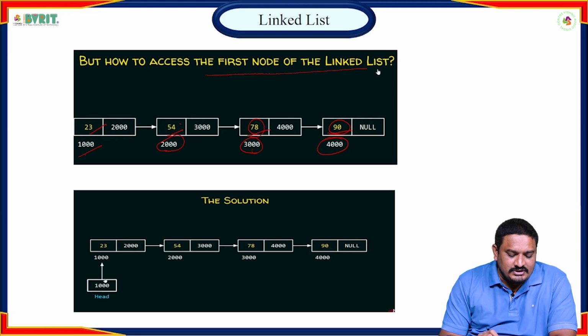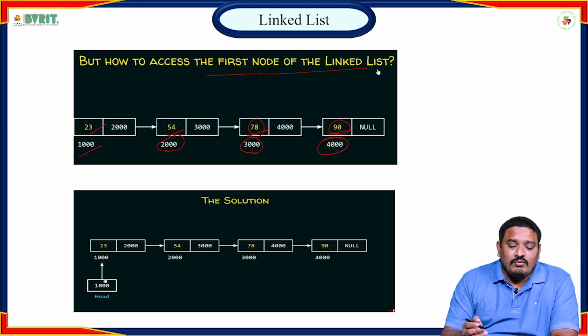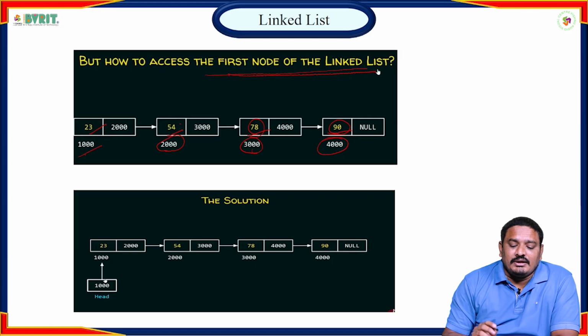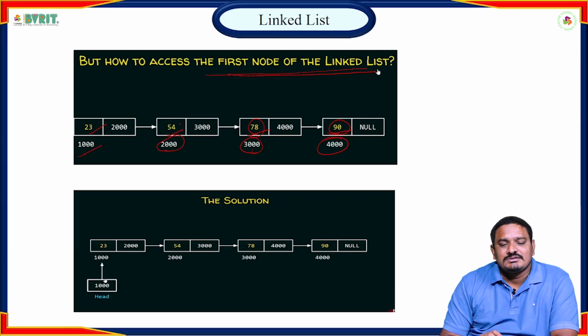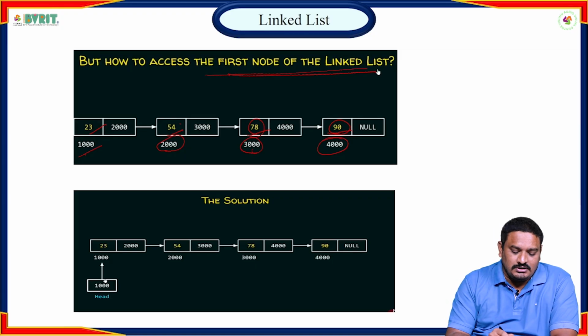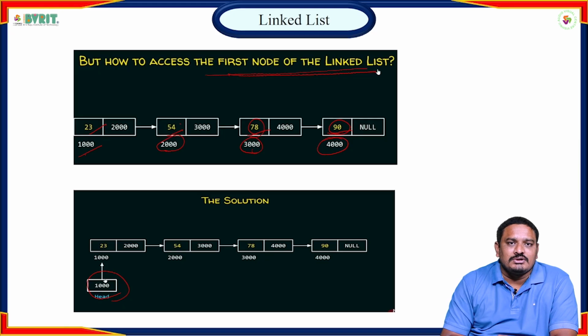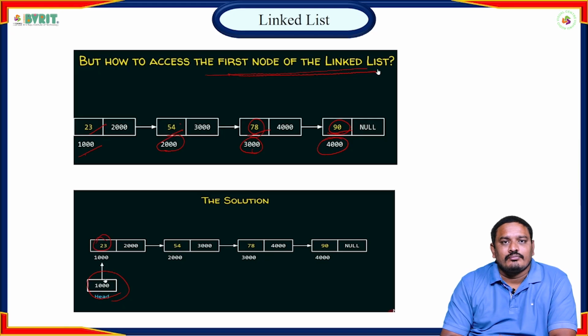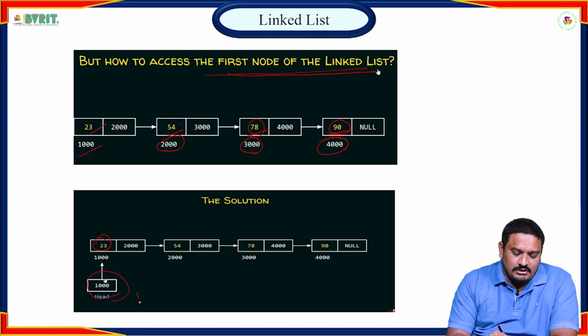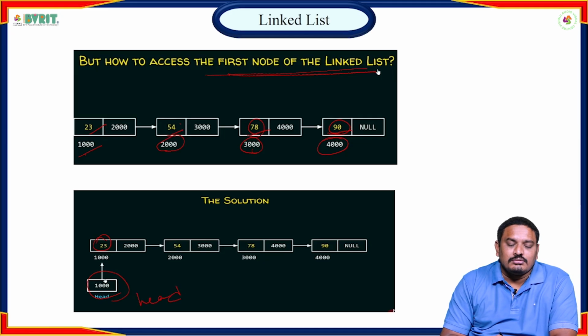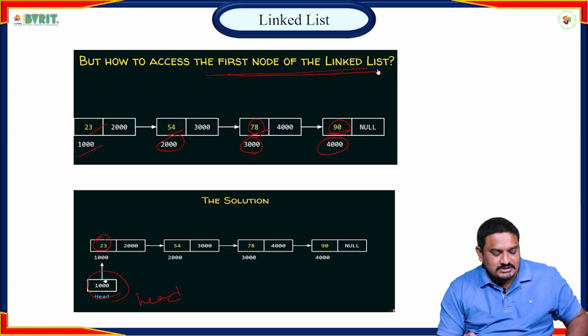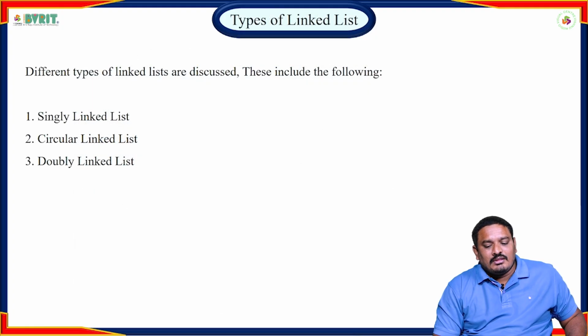The question is, how do we access the first node of the linked list? To access the first node, we use the head node. Head 1000 equals 23. Here we are representing the head node. Based on the head node, we can access the linked list.